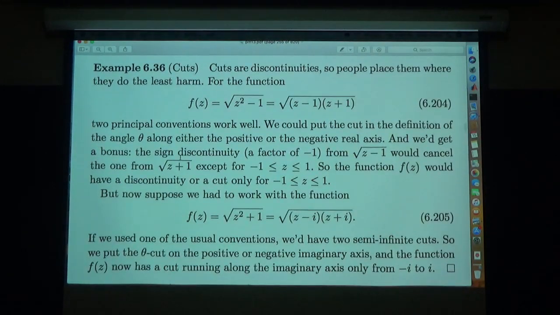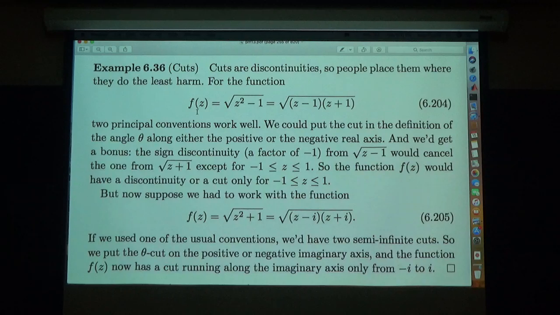So, if this is the function, for example, you could put the cut either on the positive or negative real axis. And then what happens because of this particular formula is that the function f of z winds up having a discontinuity only between -1 and +1, because of the two minus signs that occur when you have x greater than +1 or less than -1.